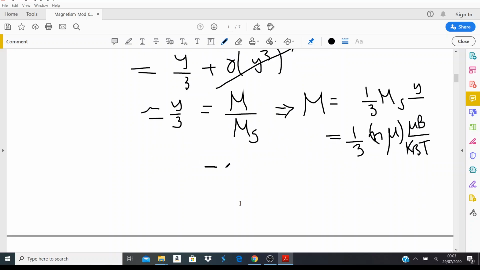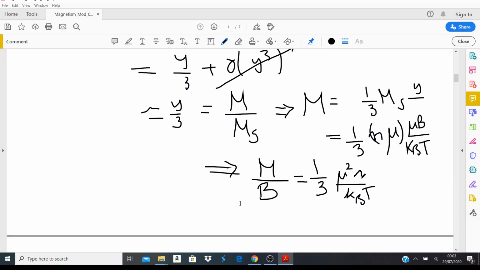So from this you can find out the ratio of magnetization to the magnetic field, which is nothing but 1/3 mu square n divided by kB T, right?